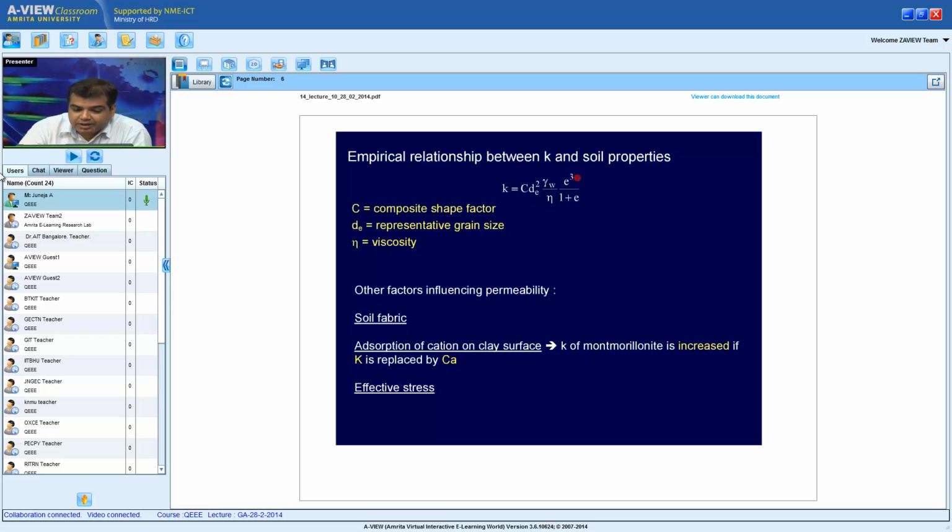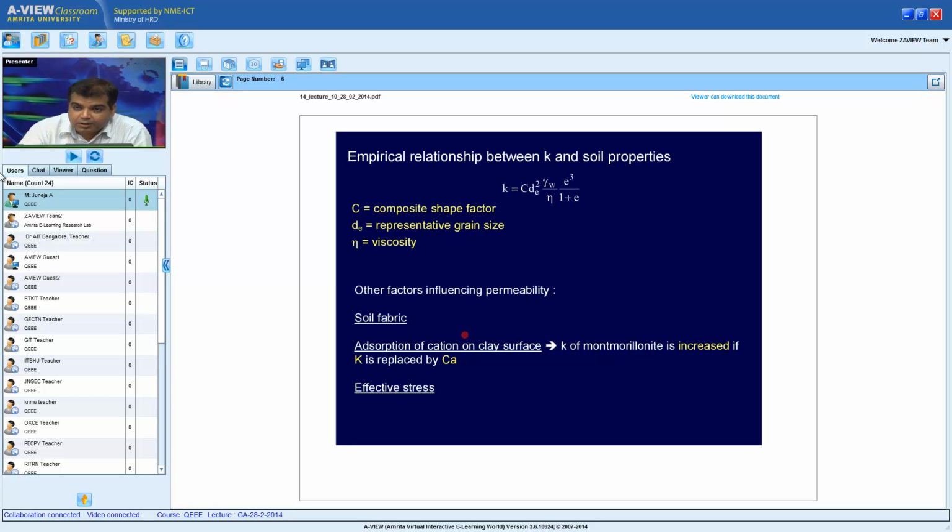Say over here we have e cubed, that's void ratio to the power of three, divided by 1 plus void ratio. So if I just look at these numbers, K can be said to be proportional to e squared. That's another expression which you can, of course, open up the equation of proportionality and get another form of equation.